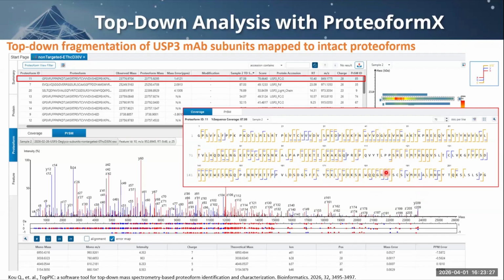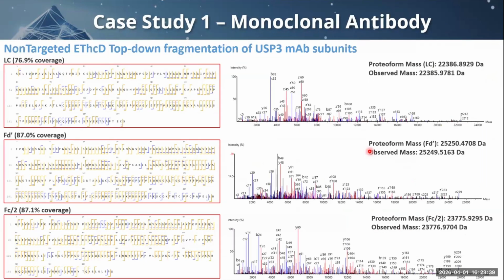But one of the things that allow this high sequence coverage is that the software combines multiple scans to enhance the coverage. And so if we look at all of the data, this is data for non-targeted top-down of the 3 map subunits. You've got your light chain, your Fd prime, and your Fc/2 region.